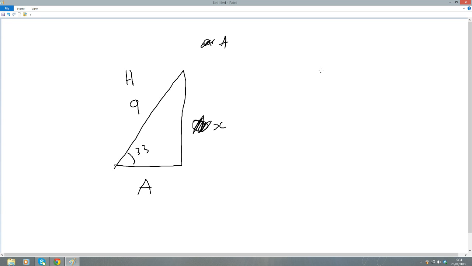So to do that, you need the formula. So let's just remind ourselves. So it's O over H. So we want to find out, let's just say in this example, A. We would like to find out A. So in A we have H and A. So we look along H and A in any order and we see cos.